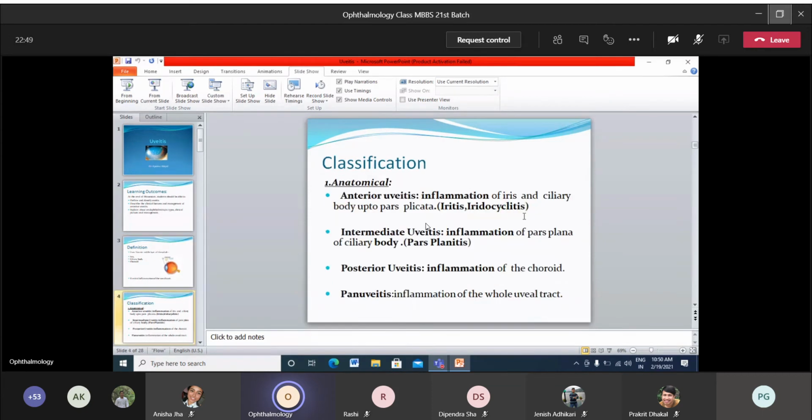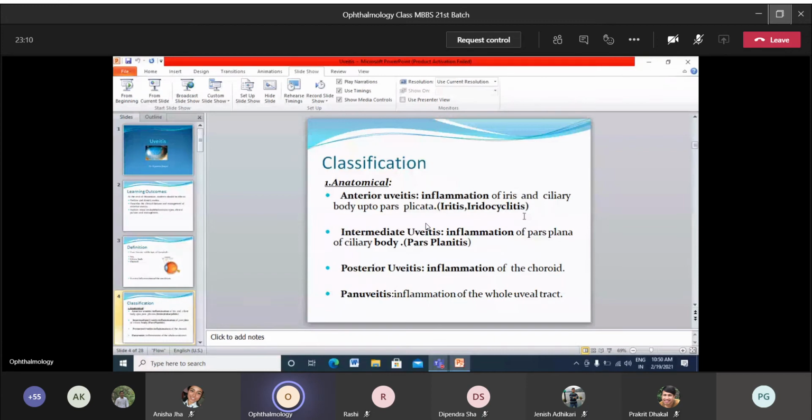Now coming to the classification, there are various classifications of uveitis. First and foremost is the anatomical classification, that is according to the structures involved. Anterior uveitis is inflammation of the iris and ciliary body up to the pars plicata.